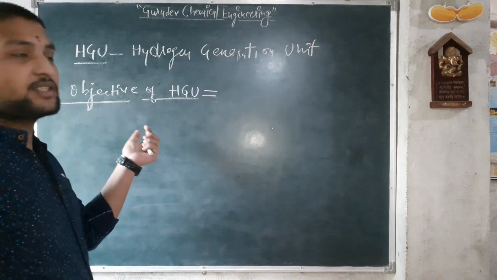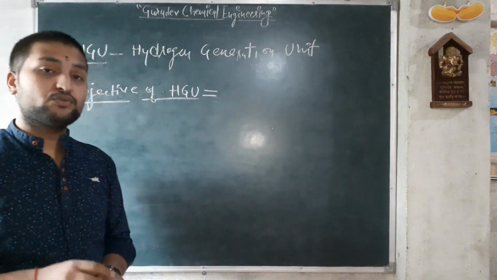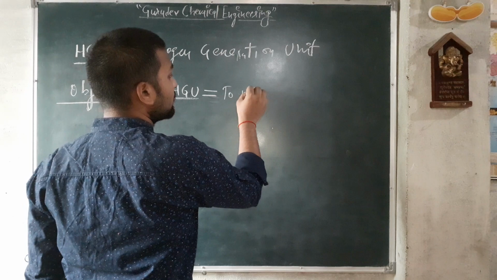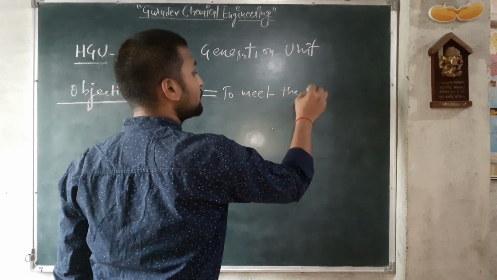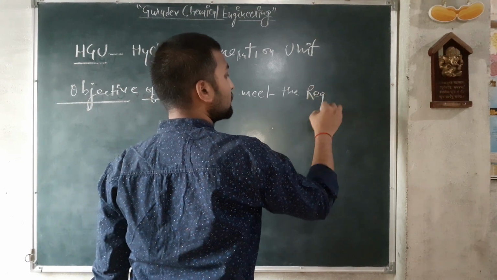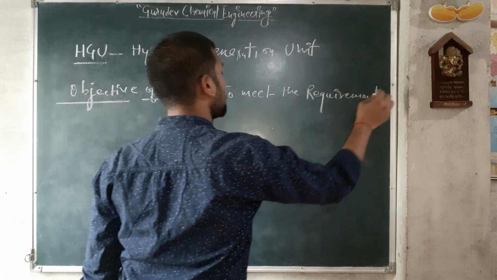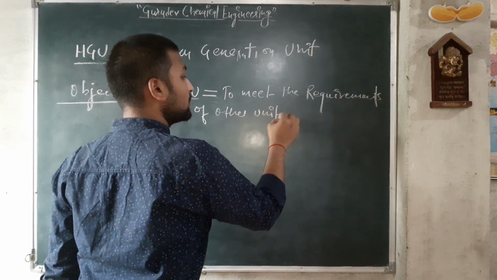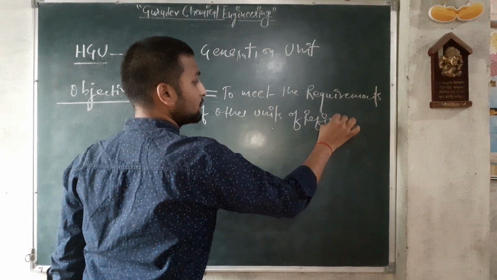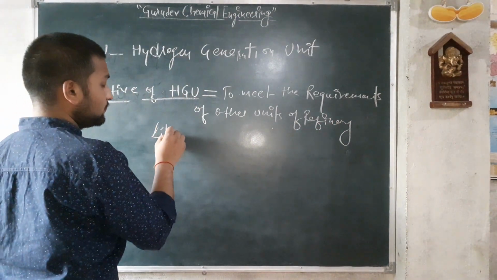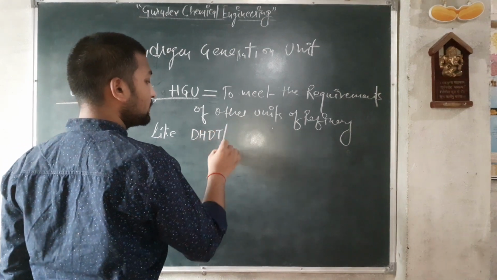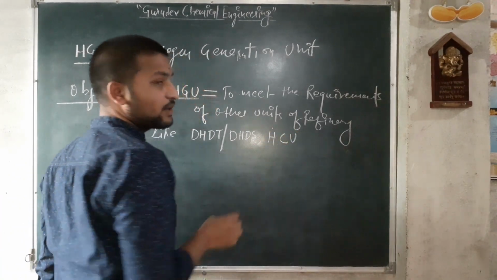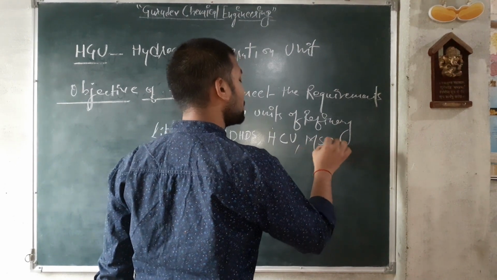So the objective of the hydrogen generation unit is to fulfill the requirements of the other units of the refinery, like DHDT, hydrocracking unit and MSQ.